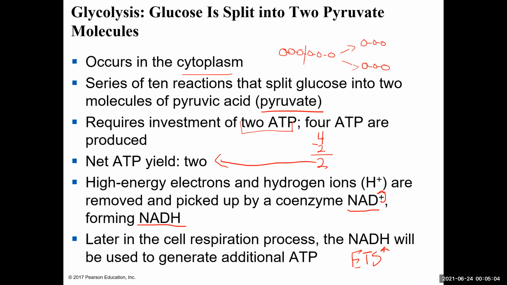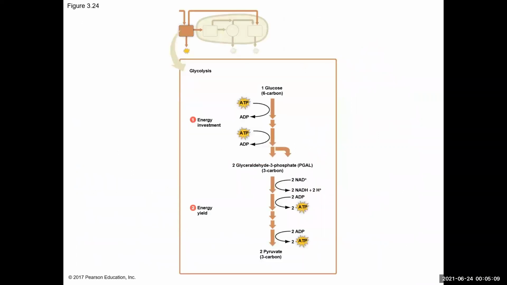So in this whole process, we have one glucose molecule, which is a 6-carbon molecule. We have our energy investment of 2 ATP molecules, and you end up splitting that glucose molecule and making 2 pyruvate molecules, okay?